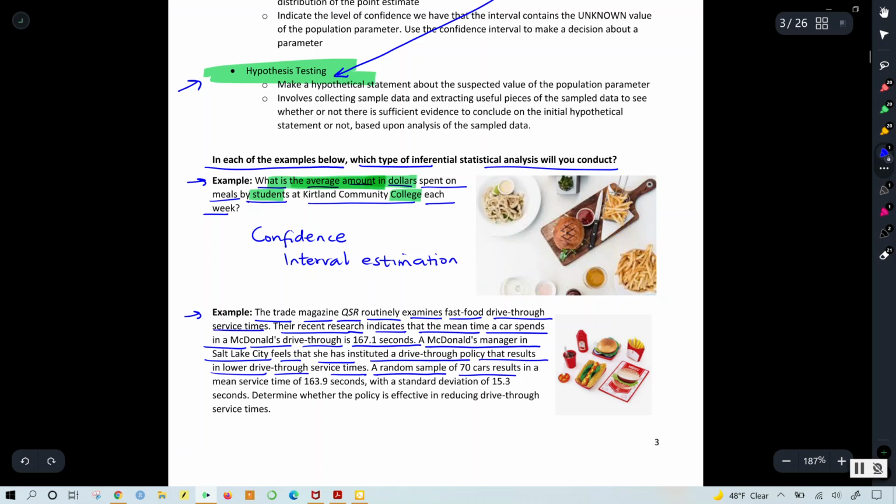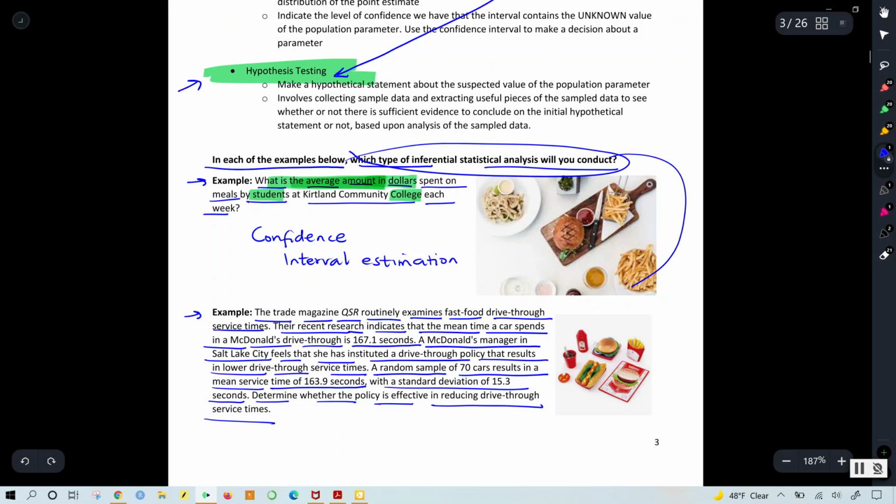A random sample of 70 cars results in a mean service time of 163.9 seconds, with a standard deviation of 15.3 seconds. So, if we are to determine whether the policy is effective in reducing drive-through service times, which type of inferential statistics will you conduct in this scenario?